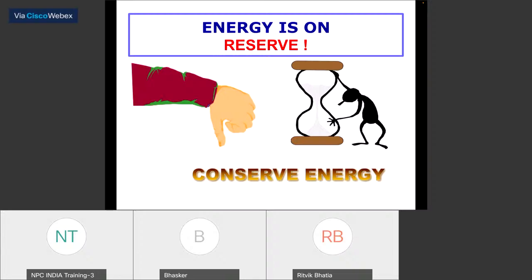The conservation is done for our own self first, which will give us money, and it also reduces the consumption of coal, oil, gas, and lignite, and it will also reduce pollution. You might have read a few days ago that last year, because of the bad pollution in Delhi, 54,000 people died.